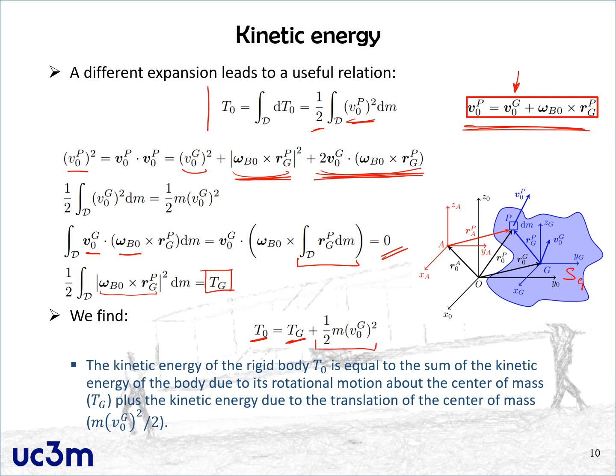So if you relate this with the result from the previous slide, it's clear that Tg is 1/2 of omega B0 dot the tensor of inertia about G dot omega B0. All right, and we conclude again that the kinetic energy of a rigid body has two contributions: the rotational one about the center of mass plus the translational one of the center of mass.